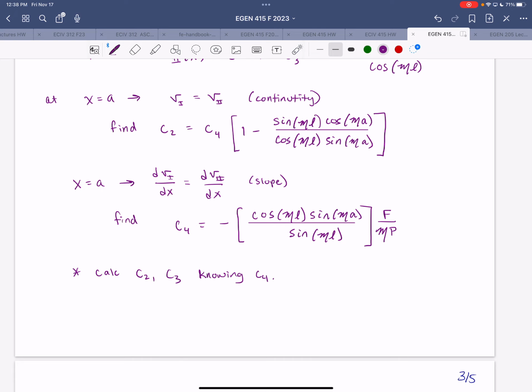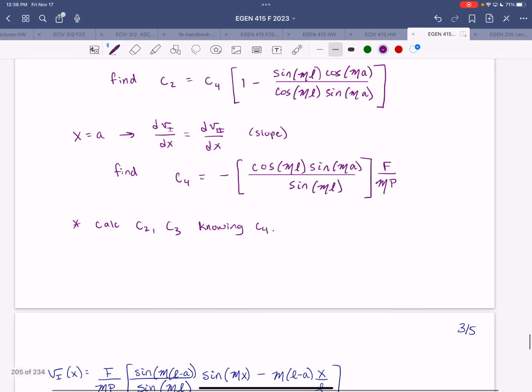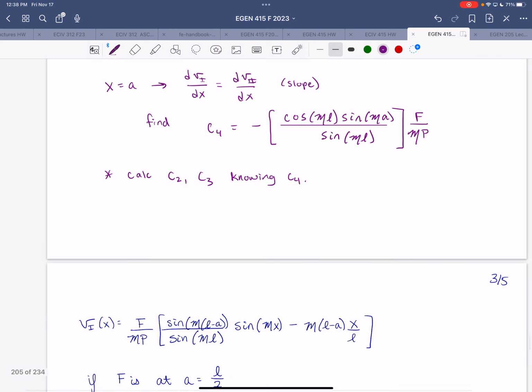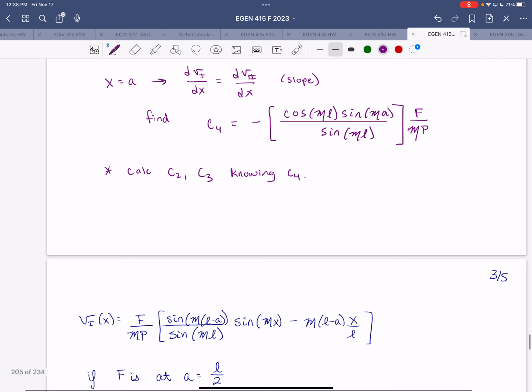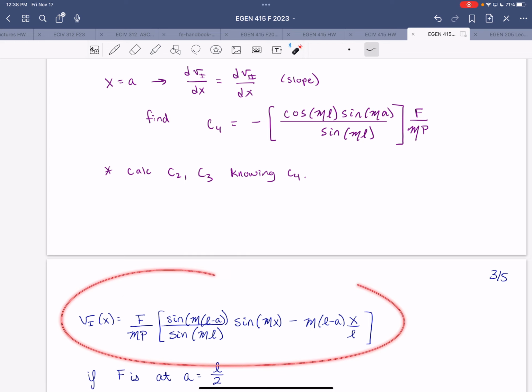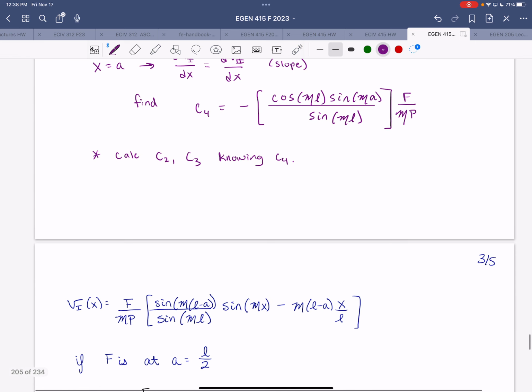And technically E and I, because that's built into the lowercase m, right? And so the total deflection for region 1 is shown here then, with all of those constants taken into account.